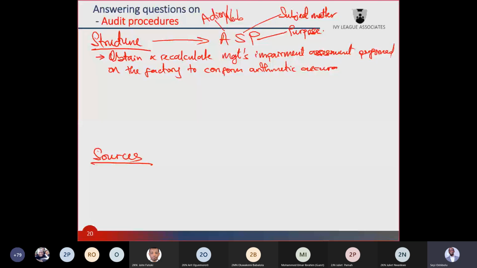Obtain and recalculate there is what? Action, verb, doing word.